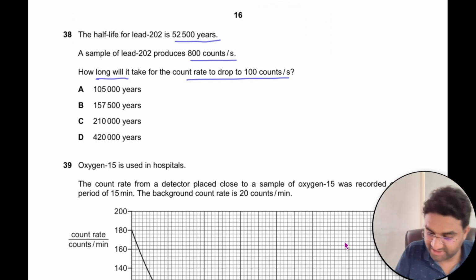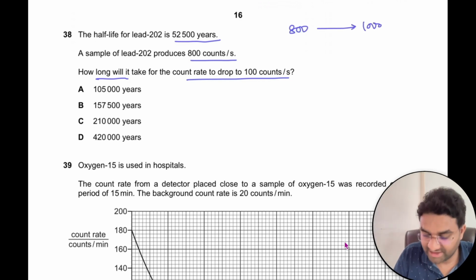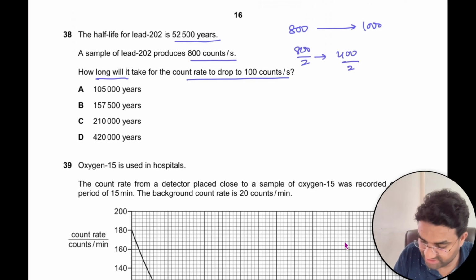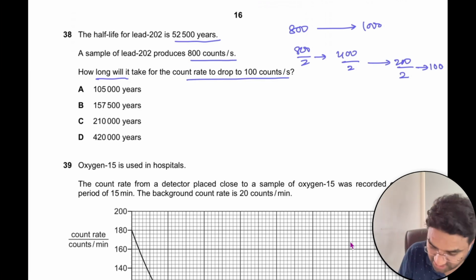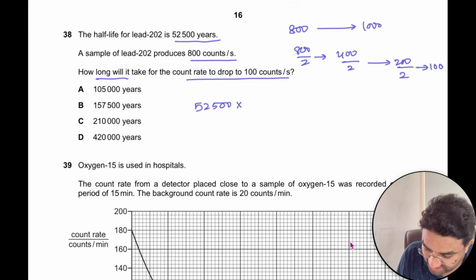So we have 800 and it becomes 100 counts per second. 800 divided by 2 becomes 400, divided by 2 becomes 200, and divided by 2 becomes 100. That means we have 3 half lives for the count rate to drop to 100 counts per second, right? So we have to take the total time, which is 52,500 times 3.